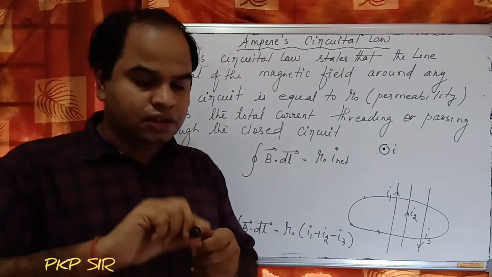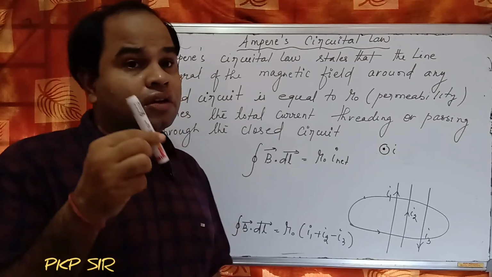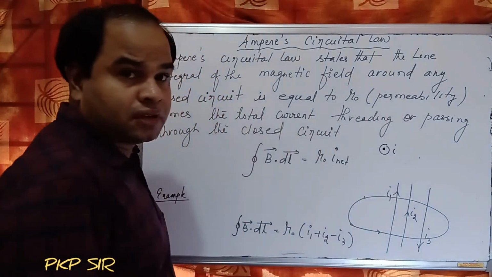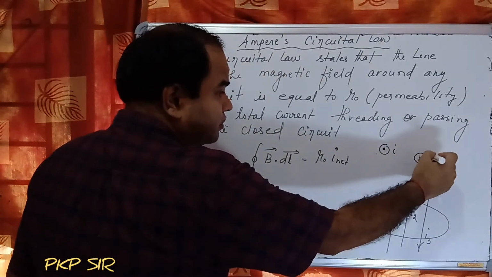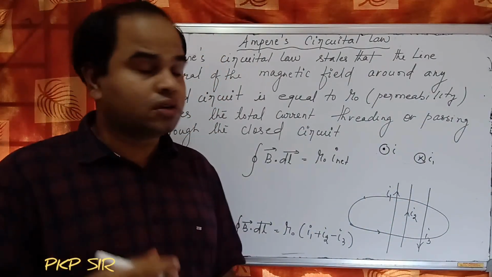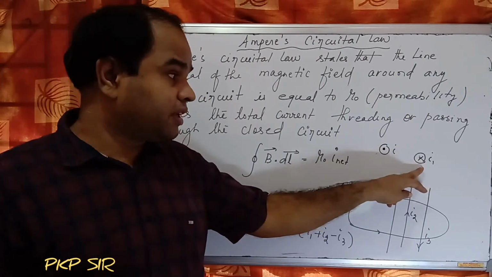If the current is flowing downward, or into the plane of the paper, represented by a cross, then it is taken negative.